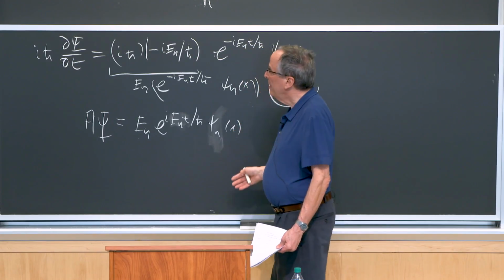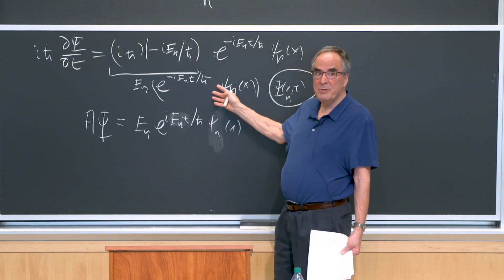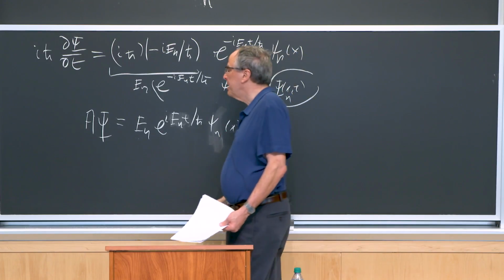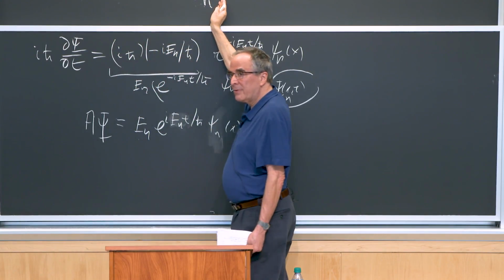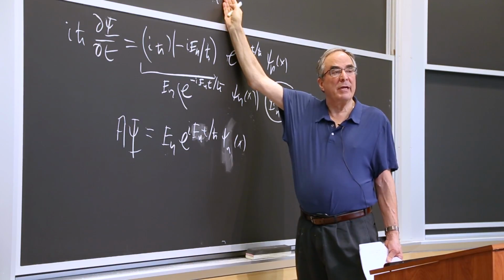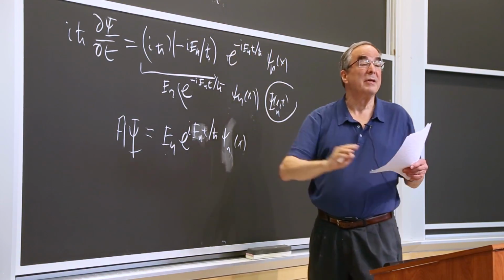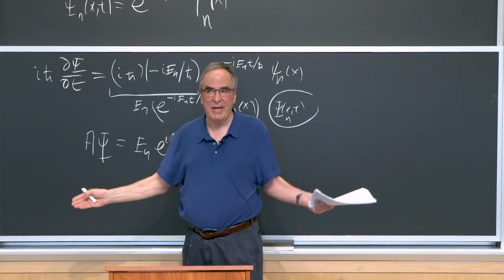And that's what we got when we did i h bar times the partial with respect to t. So what that shows is that this form always satisfies the time-dependent Schrödinger equation, provided that the Hamiltonian is independent of time. Now, that's a large range of problems, things that we need to understand.